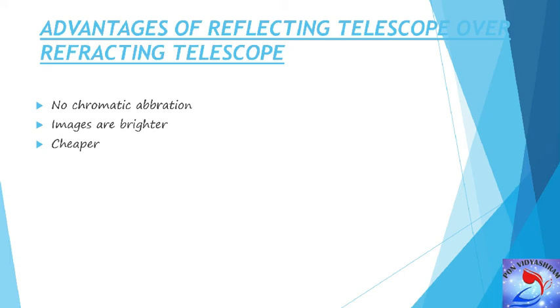And in a reflecting telescope, the images we get will be brighter than the images we see in the refracting telescope. And as the reflecting telescope has only mirrors, it is cheaper than the refracting telescope. And you have a lot of other advantages, like high magnification power and high resolving power also in the case of a reflecting telescope.